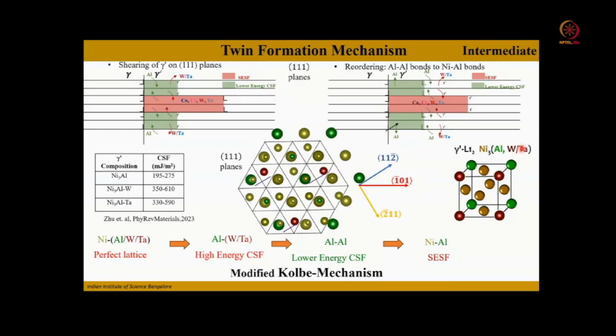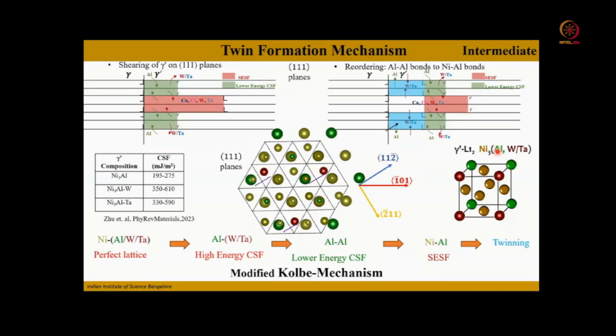So tungsten and tantalum prefer to occupy this HCP based structure because in the phase diagram they have an equilibrium structure of Co3W or Co3Ta. So they want to reside on an HCP based structure. Then they will segregate back to these extrinsic stacking faults.